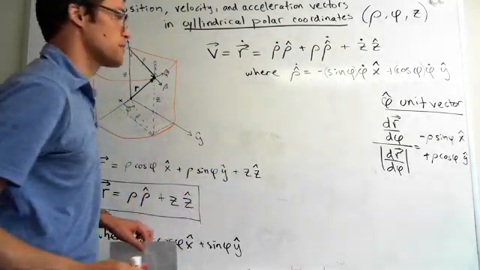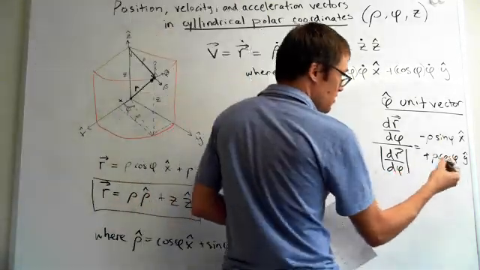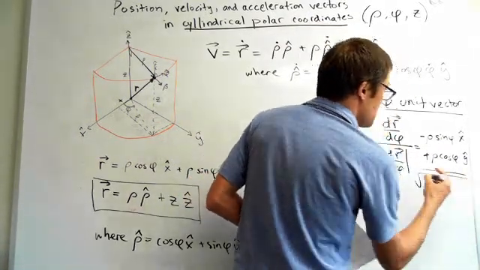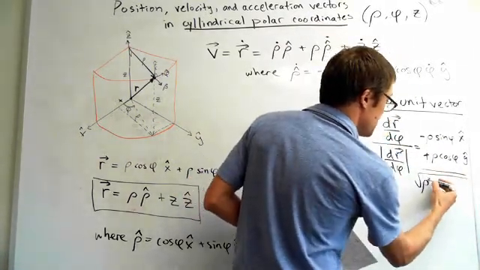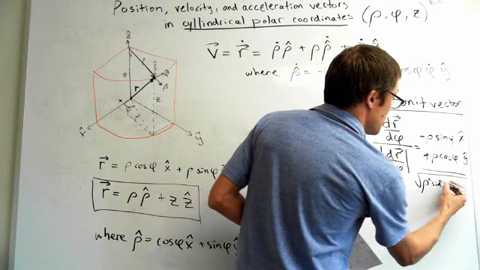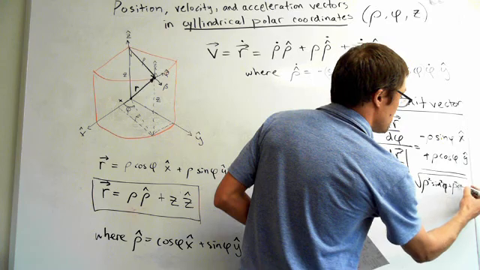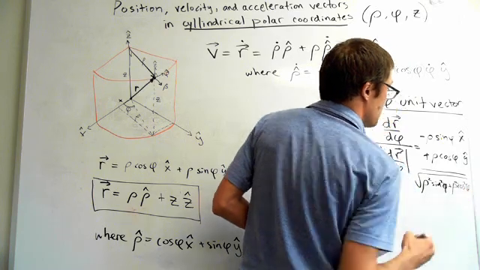This term has no phi dependence. Now we've got to take all of that and again divide it by the magnitude of itself. So its magnitude is the square root of rho squared sine squared phi plus rho squared cosine squared phi.